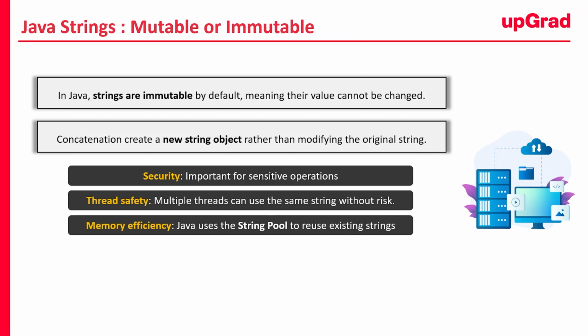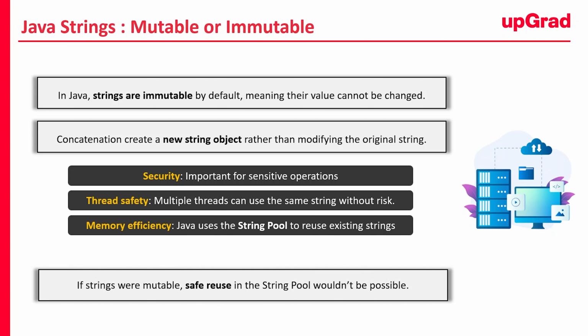Java uses a string pool to store string literals, reusing existing strings to save memory. If strings were mutable, Java couldn't reuse them safely. If you need to modify strings frequently, Java provides StringBuilder and StringBuffer, which are mutable, meaning they allow you to change their contents without creating new objects each time. So this was about Java strings, whether they are mutable or immutable.